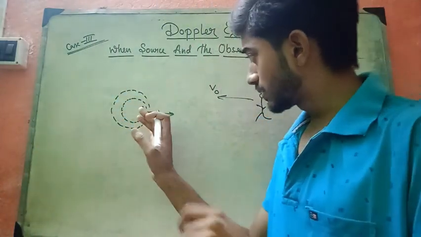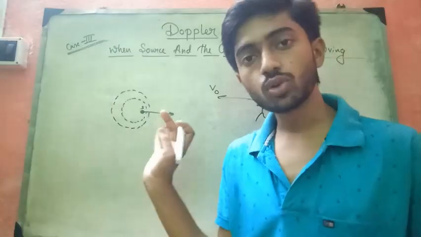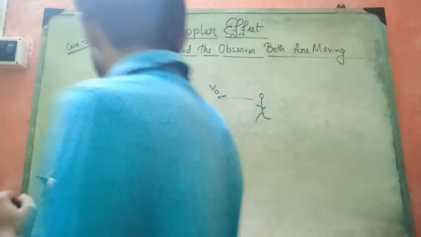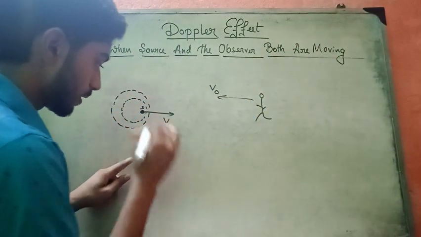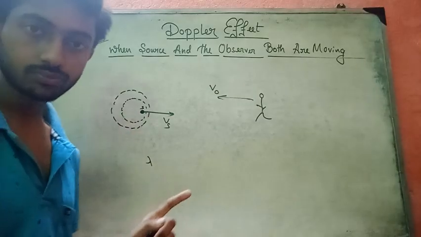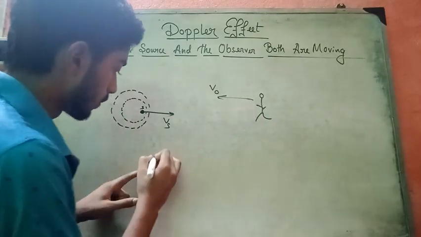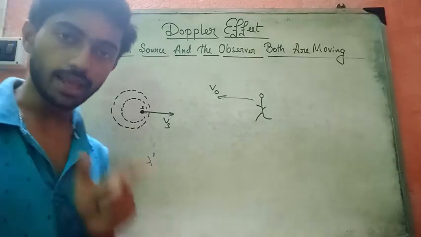So as the source is moving with velocity Vs, the wavelength of the wave with respect to the observer is denoted by lambda dash.